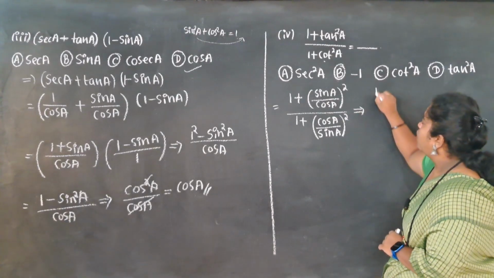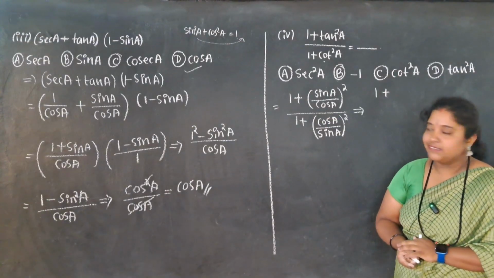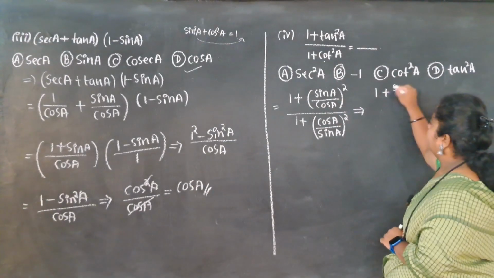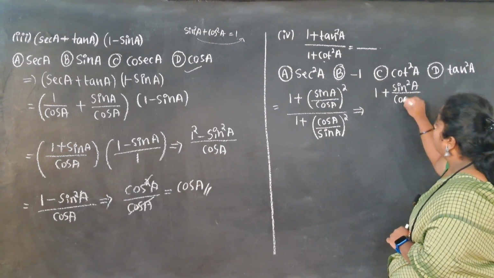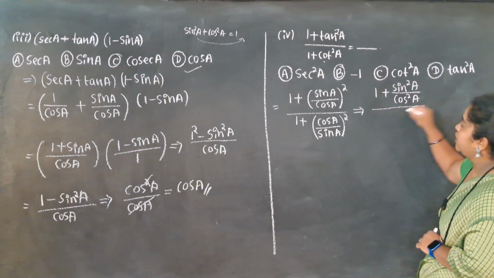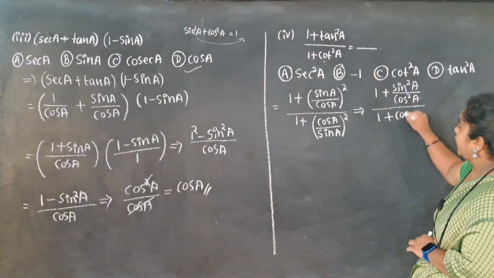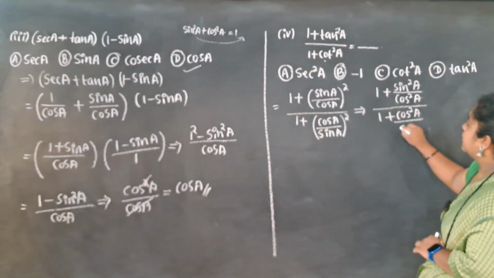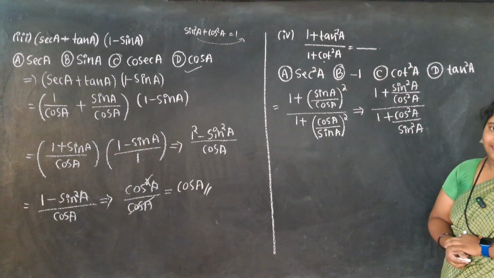Now dear, see, the square is related to both. I get 1 plus sine square A divided by cos square A, whole divided by 1 plus cos square A divided by sine square A.